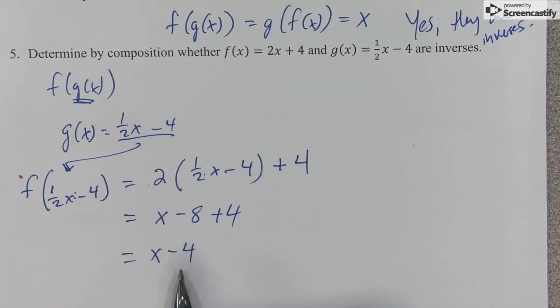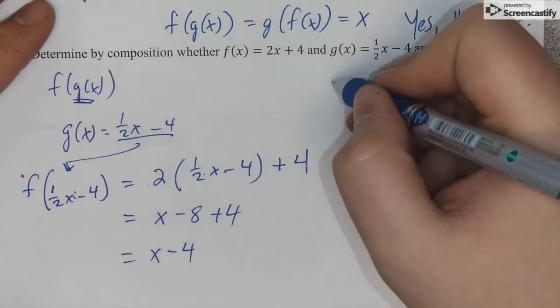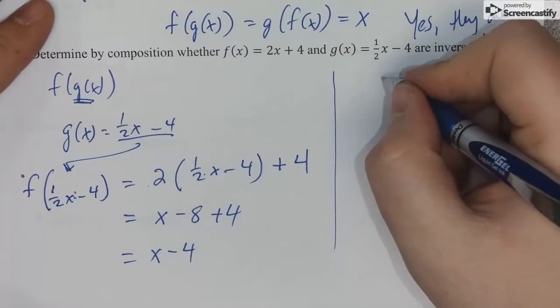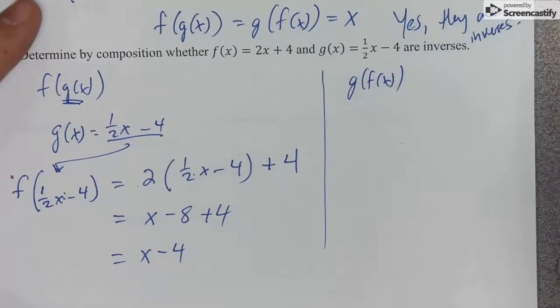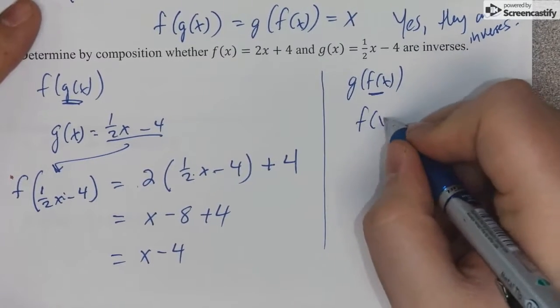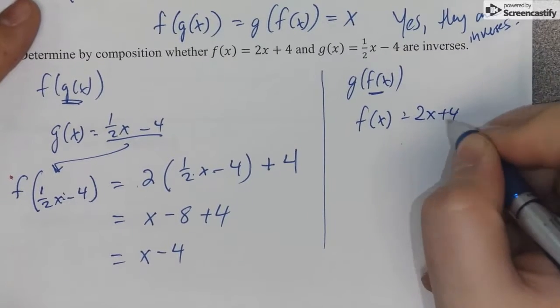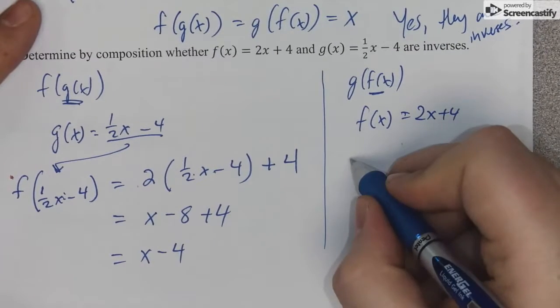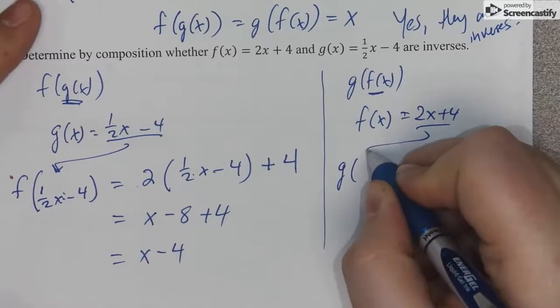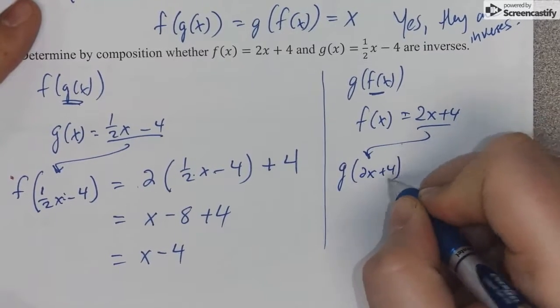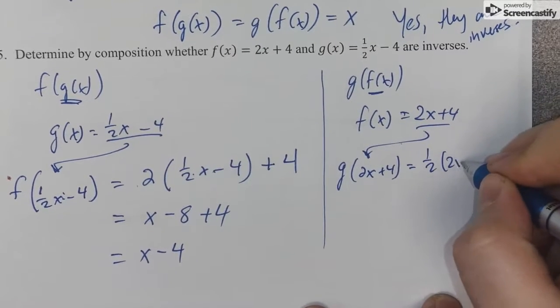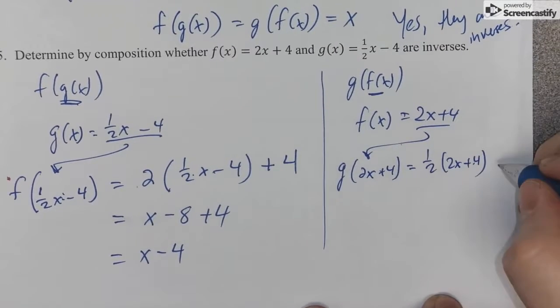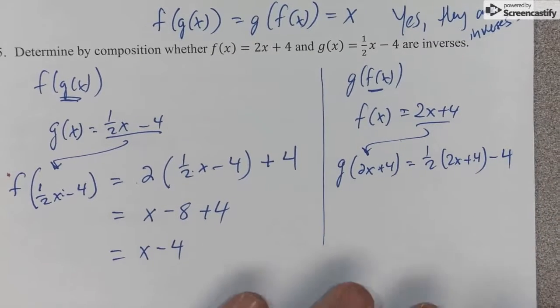Already I can see this is x minus 4 and not x. But let's see if this next one will work out, just for the practice. We'll do g of f of x. f of x is 2x plus 4, so this is g of 2x plus 4, which equals 1/2 times 2x plus 4, just plugging this in for x, minus 4.